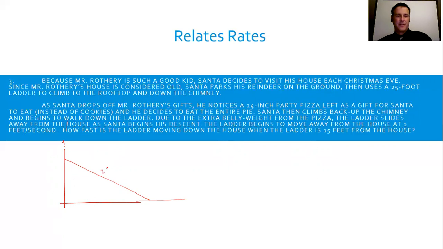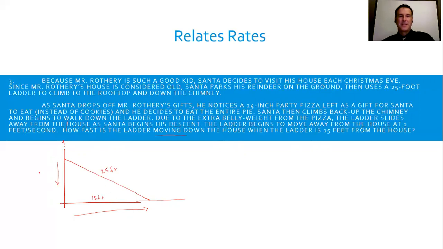It's 25 feet. It says, how fast is the ladder moving down? So this guy is sliding down, and if that's sliding down, this is sliding out. When the ladder is 15 feet from the house, that means this guy is 15.